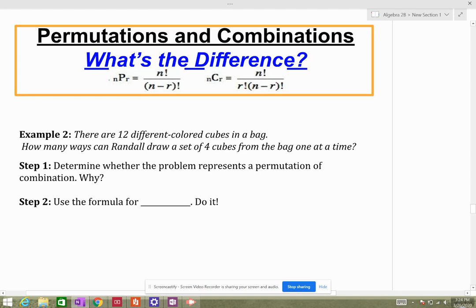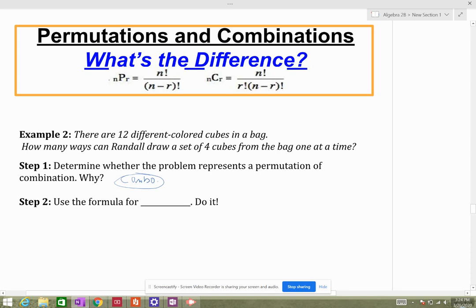So in this case, I'm going to say a combination, because I'm just looking for which 4 are being selected. It's not talking about lining them up or putting them in order or arranging them, displaying them.